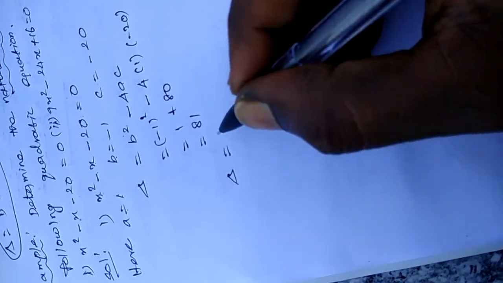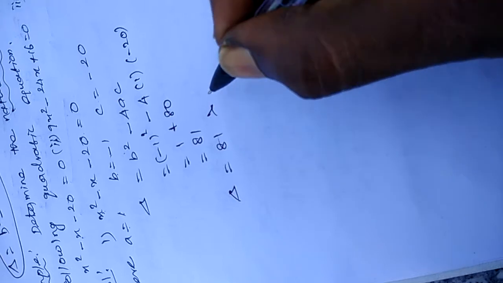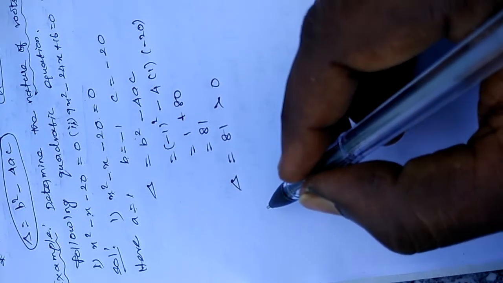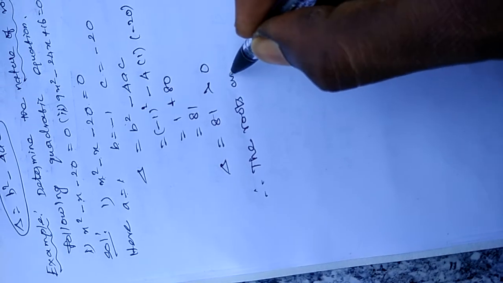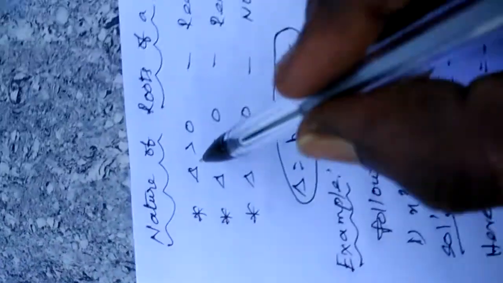So delta is equal to 81, greater than 0. Therefore, the roots are real and unequal.